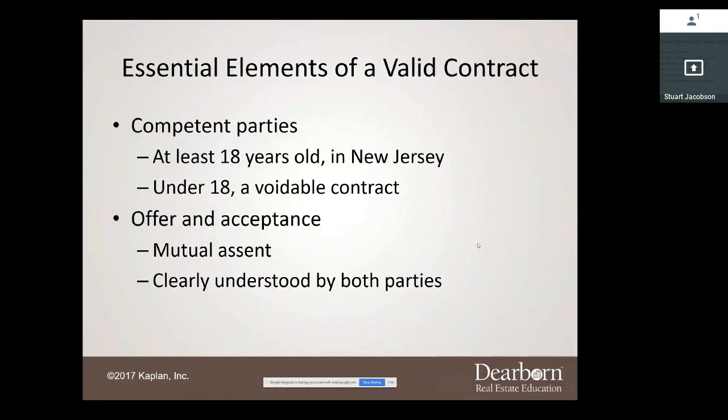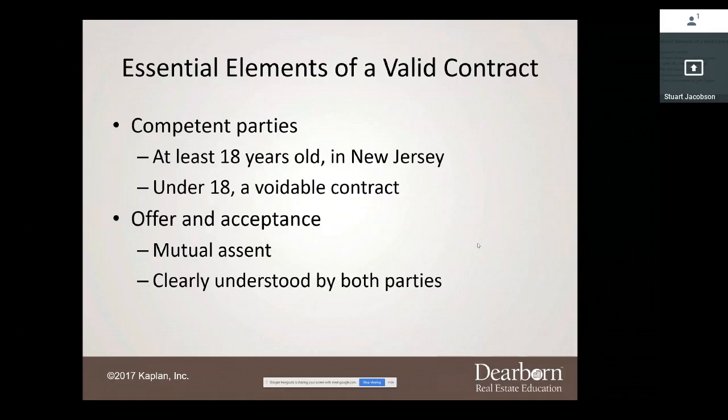Although they let on that they were competent and were able to sign, could that contract be voided? The answer is yes. Competency is not left up to the decision between the two parties; it is what a court of law would decide, or what an outside person would perceive.